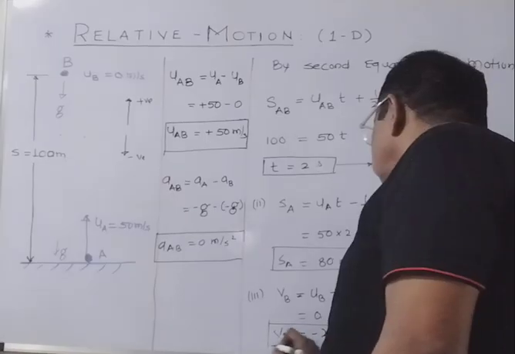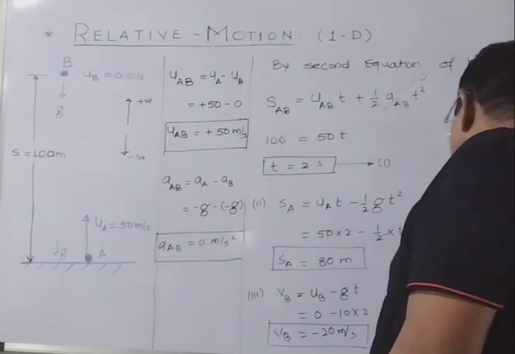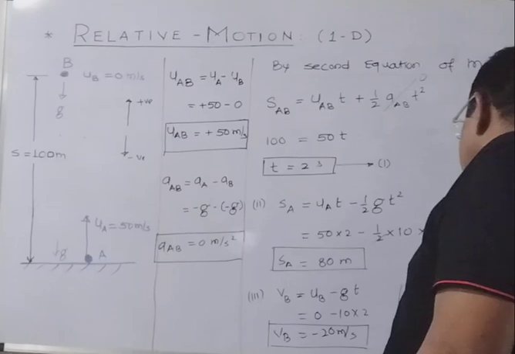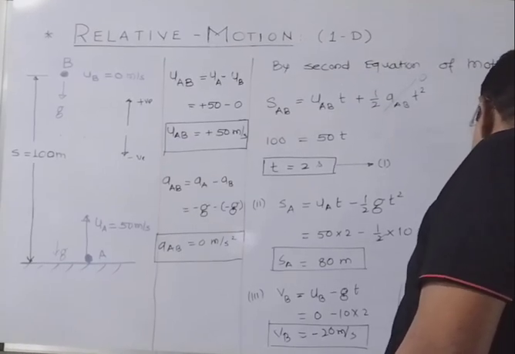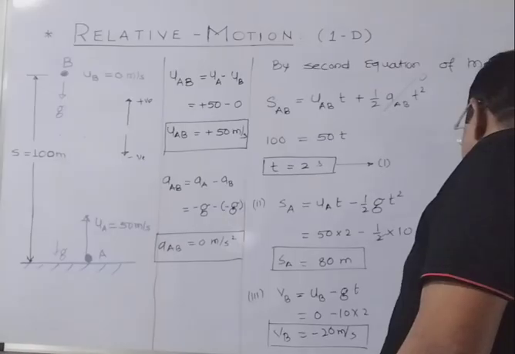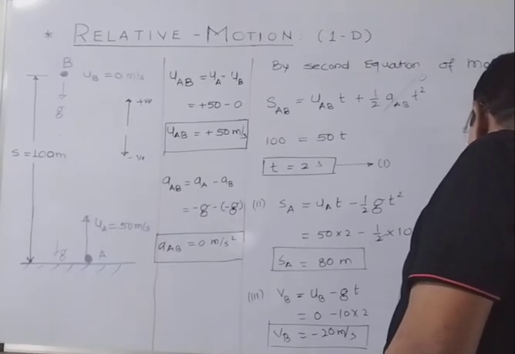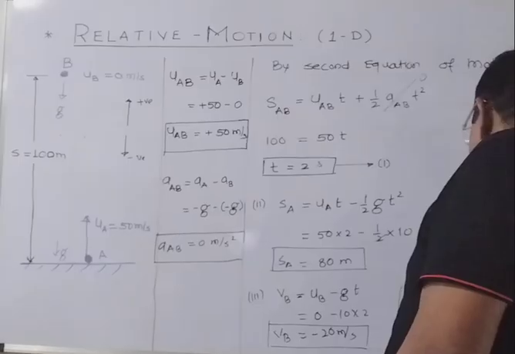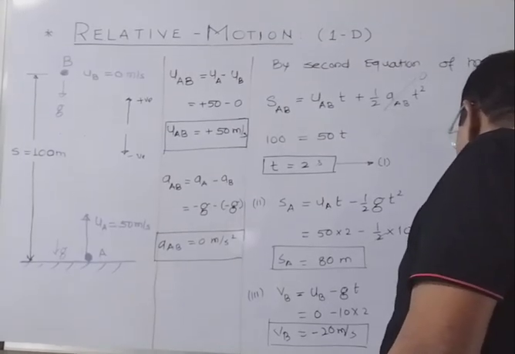Similarly, we can find the velocity of A at the time of crossing. That is the initial velocity of A minus g t, which is equal to 50 minus 10 into 2, which is equal to 30 meter per second at the time of crossing.